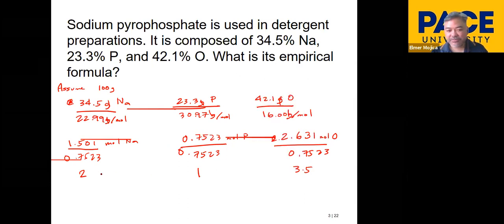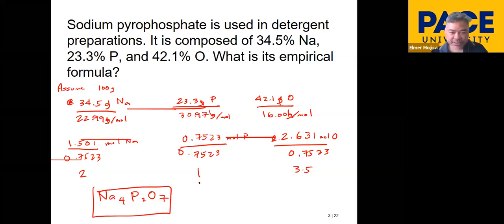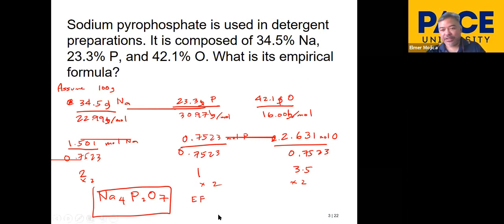So maybe you can just multiply everything by 2, so you end up with Na4P2O7. So you multiply everything by 2. Why? Because you have to make them into a whole number ratio, the simplest whole number ratio. So this is your empirical formula.